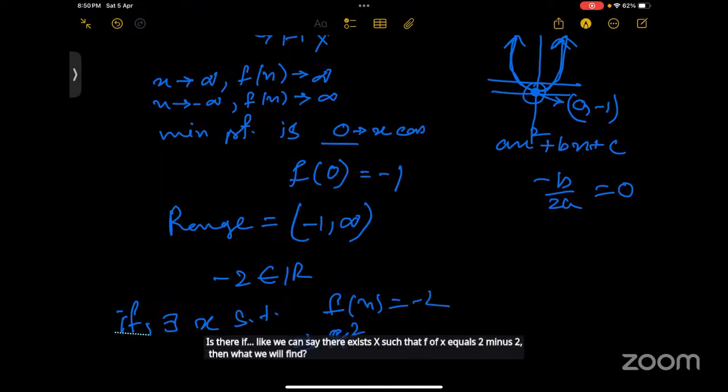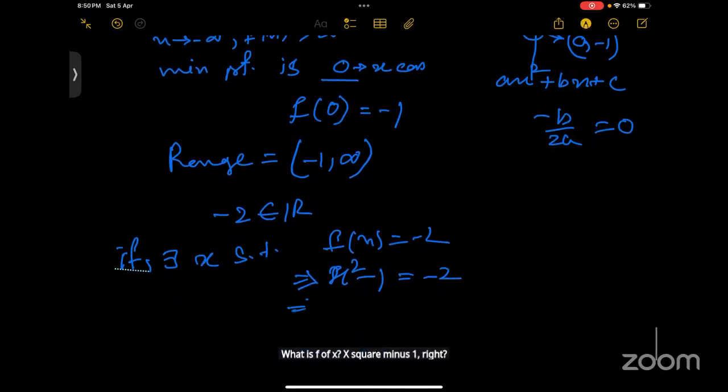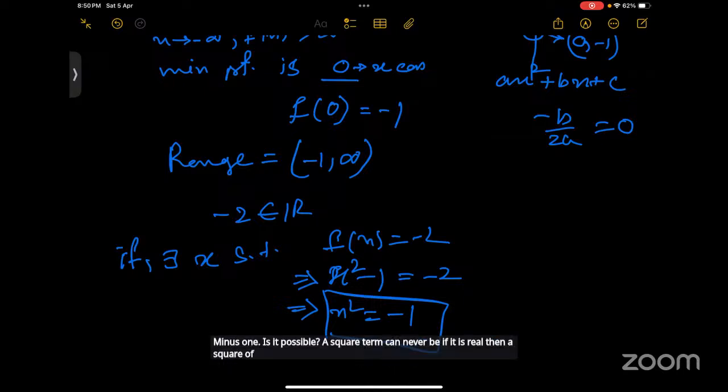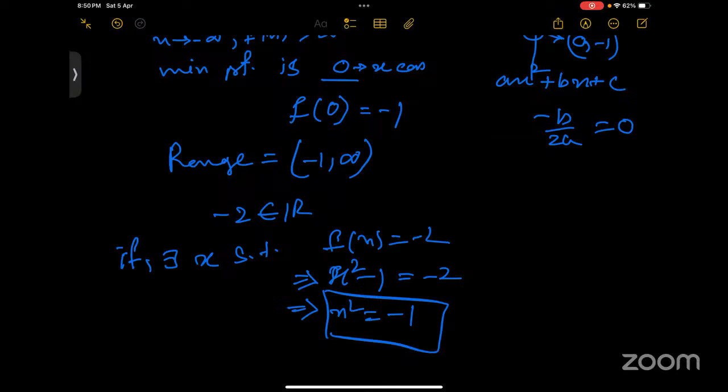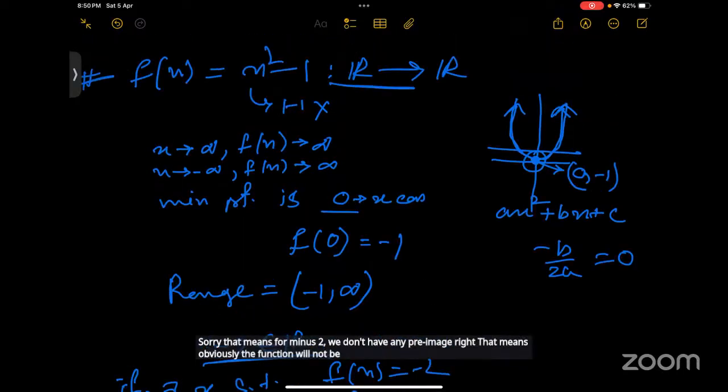What is f of x? x square -1, right? So this will be x square equals to -1. Is it possible? No, ma'am. A square of a real number can never be negative. That means for -2, we don't have any pre-image, so obviously the function will not be onto from R to R.